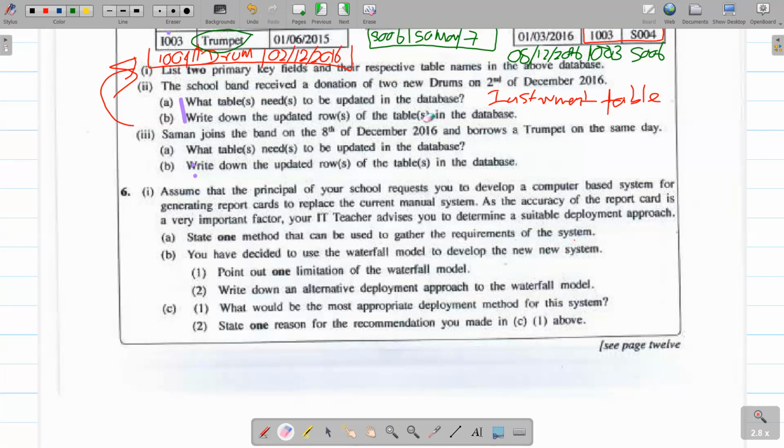So part B, you have decided to use the waterfall model to develop the new system. Okay, hold on.